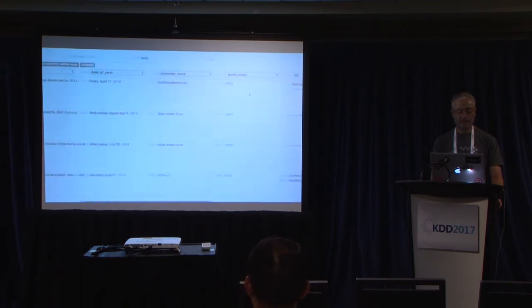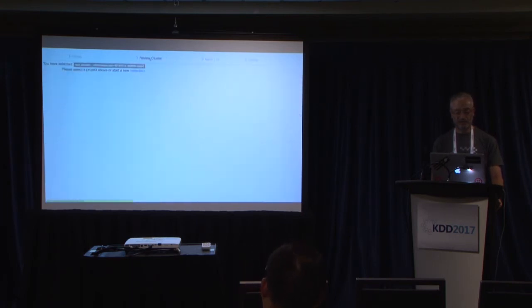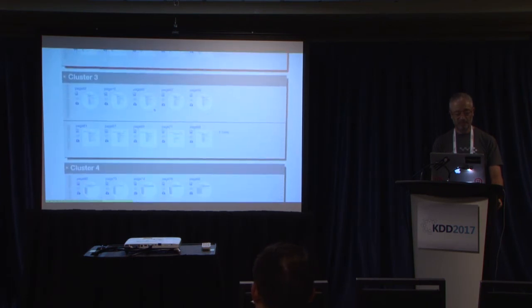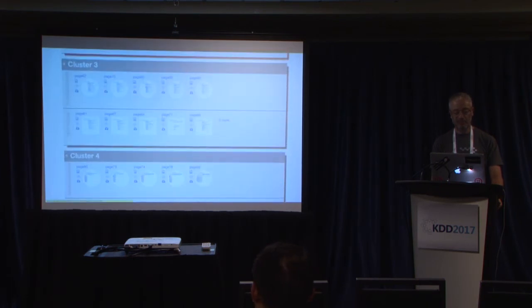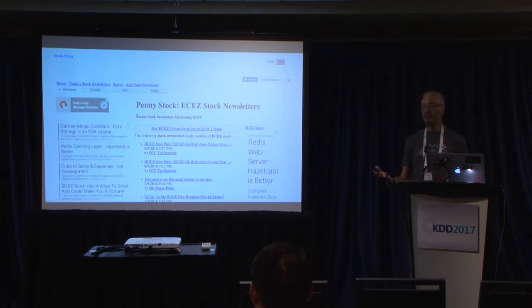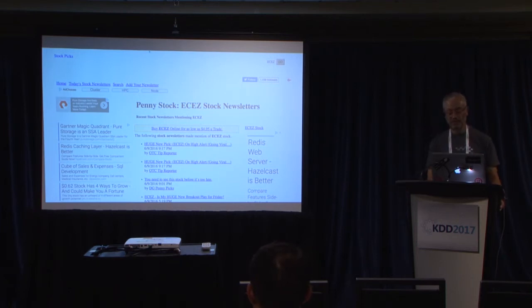And then you can go and review a different cluster, because maybe this website has different kinds of pages, like cluster 3 is different. So I can now define a wrapper for cluster 3. And then when I'm done, I just publish them.